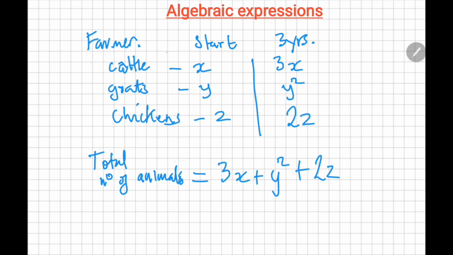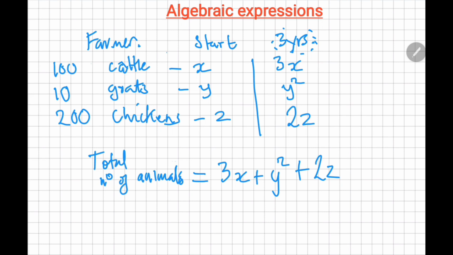Okay, so now let's say at the start, the numbers that he had were actually: he had 100 cattle, he had 10 goats, and he had 200 chickens. So what is the total number of animals that he has after 3 years? We now need to substitute the values that we had into the expression.